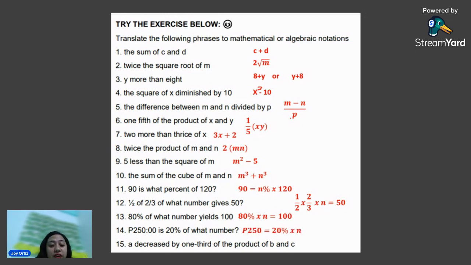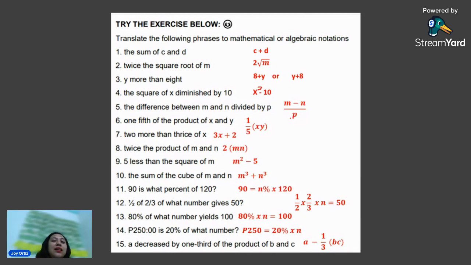Okay, 250 pesos equals 20% times n. Number 15. A decreased by one-third of the product of B and C. So the answer is A minus one-third times BC.